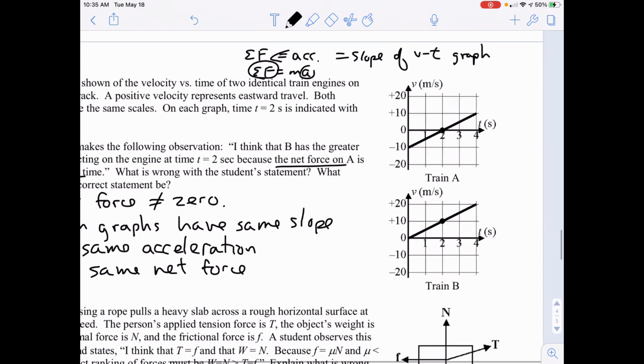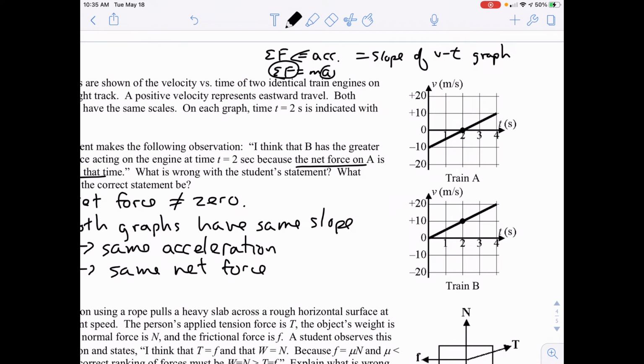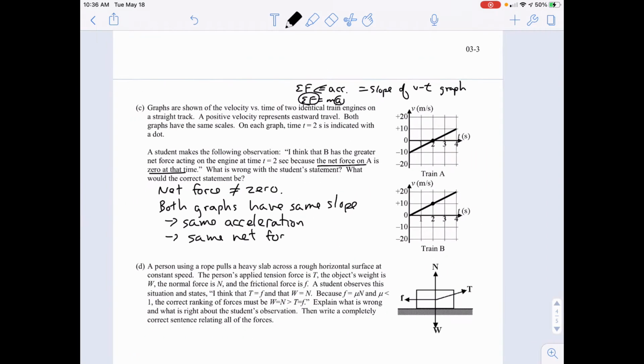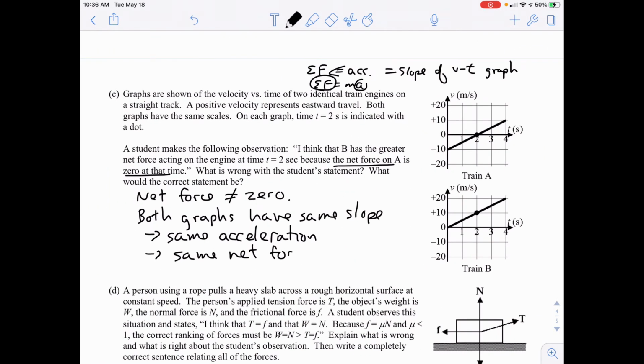The difference in these graphs is that the train here started from rest and speeds up. This train here starts westward, slows down to a stop 2 seconds later, most likely is moving backwards to the west, slows down, and then 2 seconds later speeds up going forward. All in all, it's still the same positive acceleration.